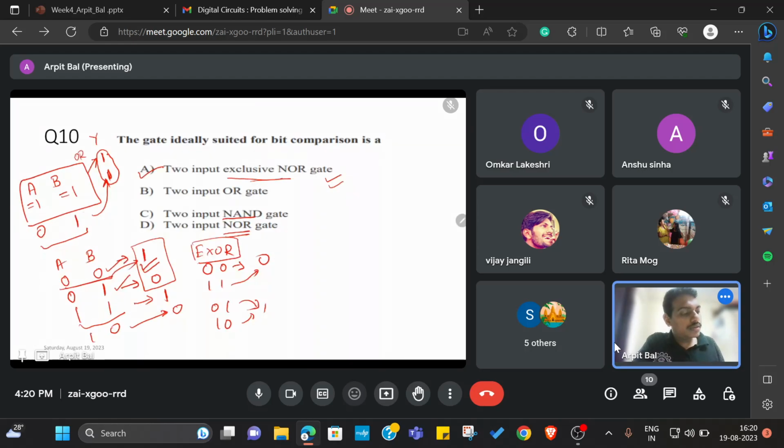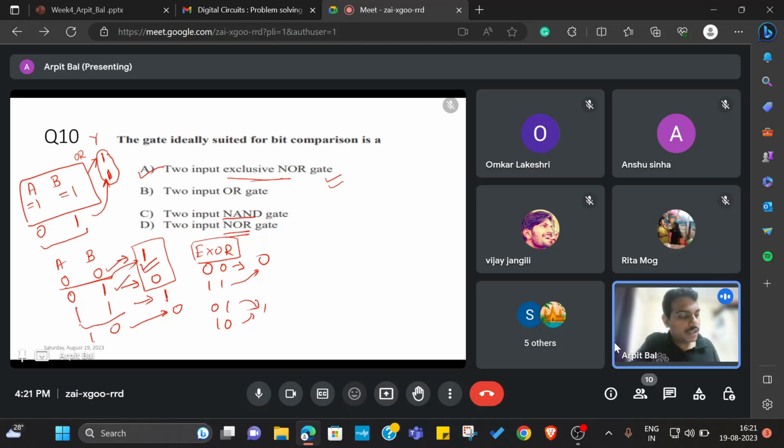Then in question 10, we figured out which gate is ideally suited for bit comparison. Here we learnt one more thing: while solving these kinds of questions, if we figure out the correct option, we should also be able to reason out why the other options are not correct.